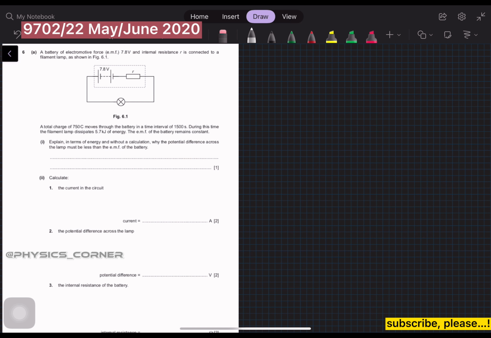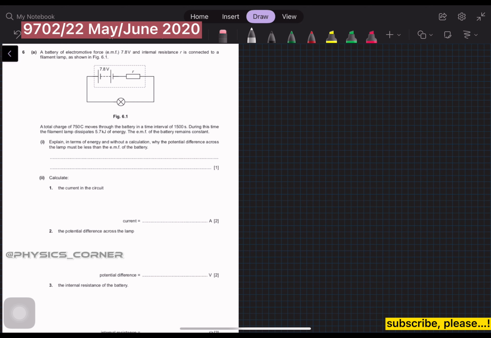Question 6. A battery of electromotive force EMF 7.8 volt and internal resistance r is connected to a filament lamp as shown in figure 6.1. In figure 6.1, we have EMF 7.8 volt, the external resistance is the lamp, and the internal resistance is small r.